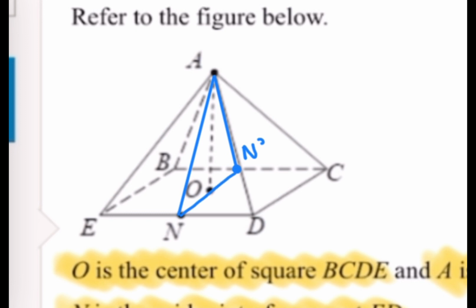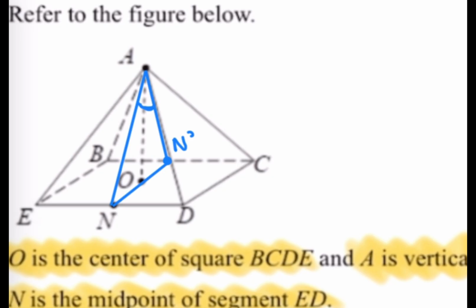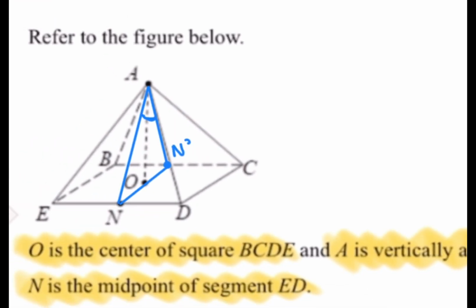This is the plane the angle's on. So now the angle is over here. This is the angle that the question's asking us about. This is the angle NAN prime, and this is the angle that we have to find.